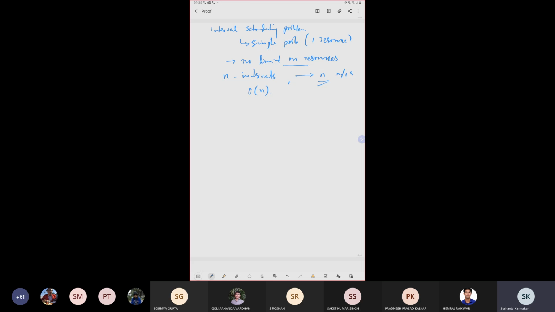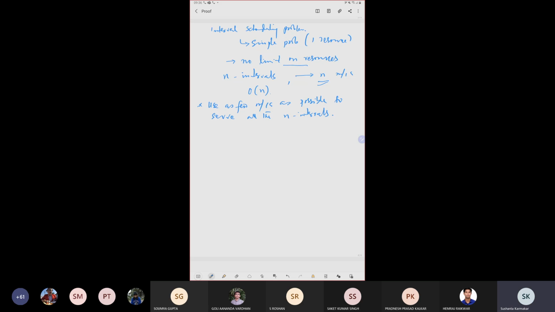Okay, so use as few machines as possible to serve all the n intervals.